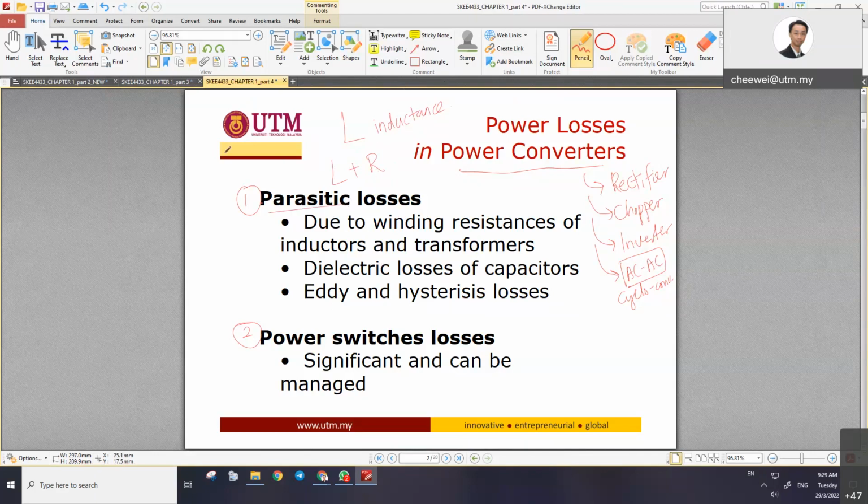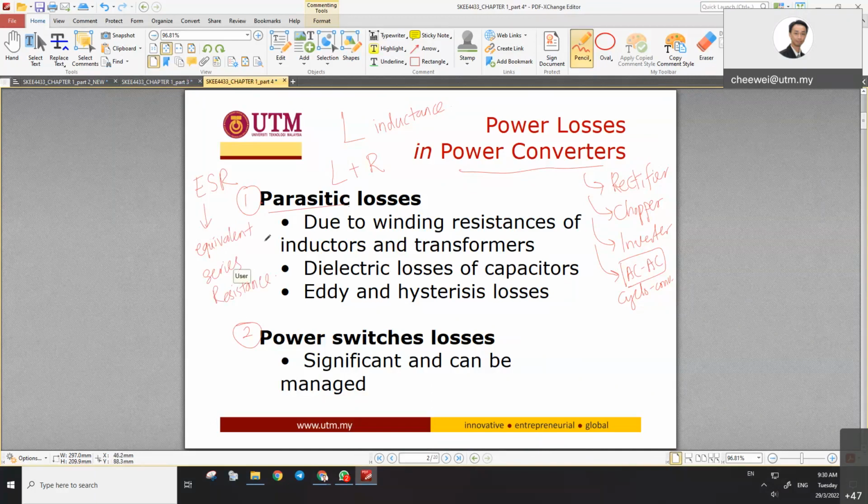Or sometimes you know that the word ESR comes in. Anyone knows what is ESR? ESR stands for equivalent series resistance. Being an engineer, you need to know what is ESR.